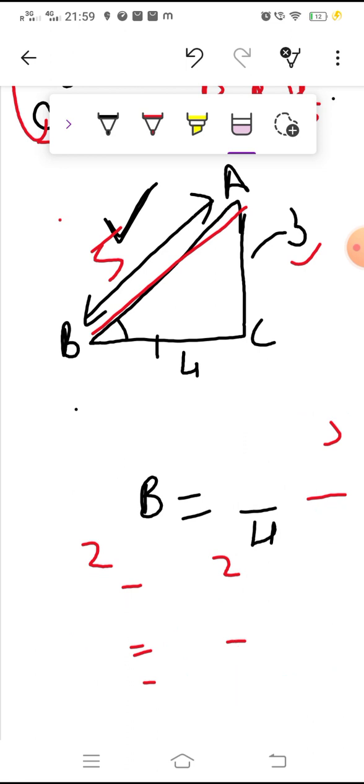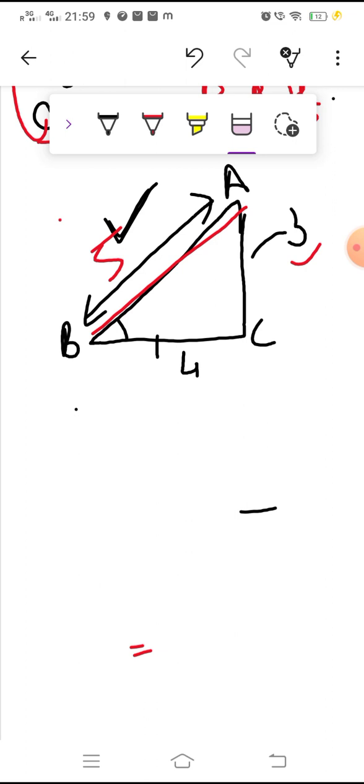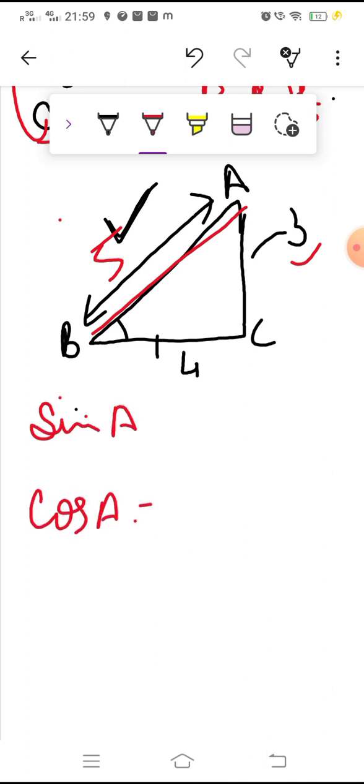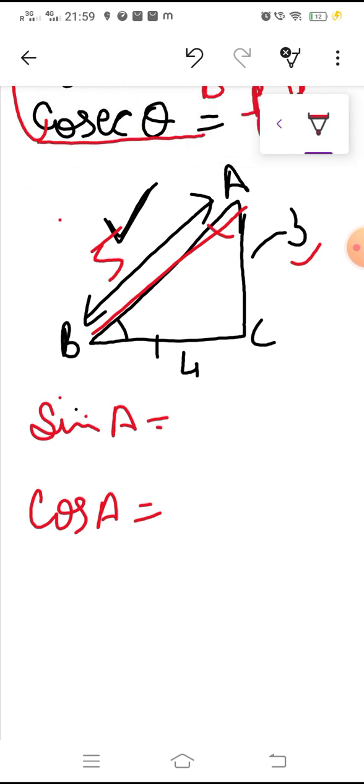Wait, I am rubbing this one. Now suppose you want to find out the value of sine A and cos A. Think about this. Sine A and cos A, that means now this is the angle, right?